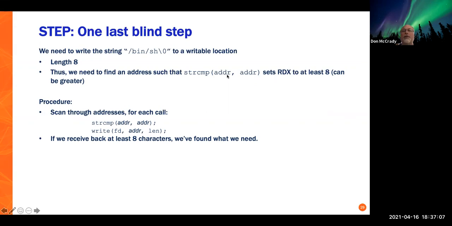We need to find an address such that when we call strcmp on it, it leaves RDX set to a value that's at least 8. So we can scan through addresses in our code segment and call strcmp on that candidate address. We're going to write the contents of that address and try to receive it back in my Ruby program. And if I receive back at least 8 bytes, that's a good address to call strcmp on during the last part of the attack.